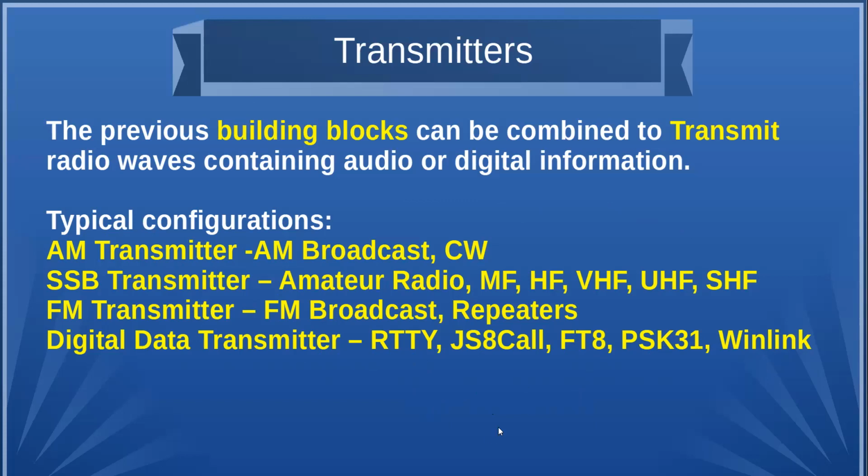FT8 is a spin off of JT65. There's a guy, Joe Taylor, who's a physicist that did research on deep space communications, weak signal, and he developed protocols for transmitting and receiving weak signals from planetary stuff and beyond.